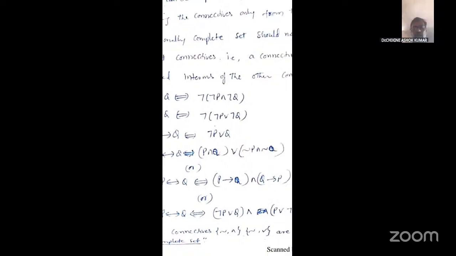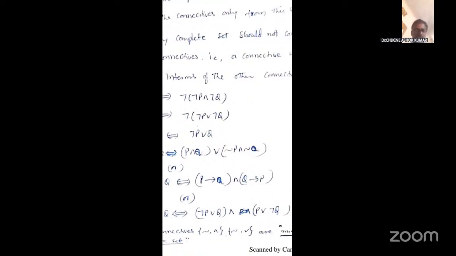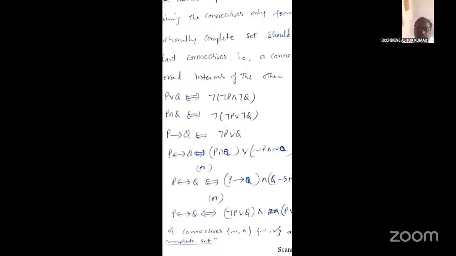Or you can apply one more formula for this one. P double implies Q is equivalent to P implies Q intersection Q implies P. With the help of this second result only, I proved two or three problems in previous examples. Next, P double implies Q is always equal to negation P union Q intersection P union negation Q. All these are equivalence conditions.